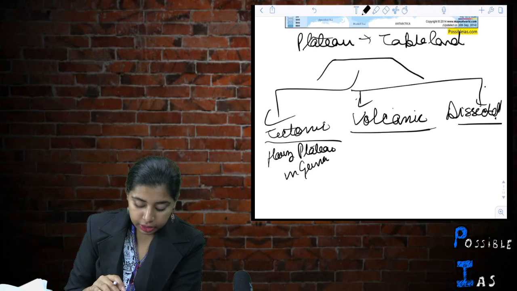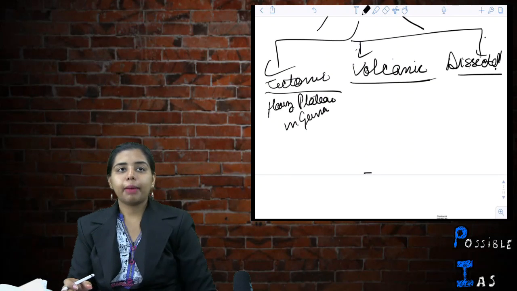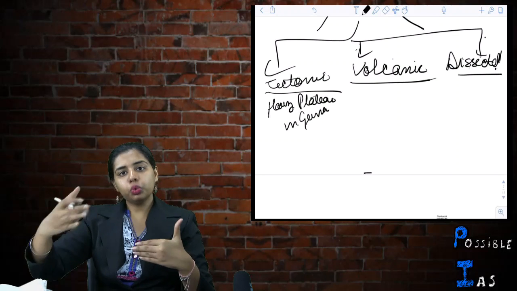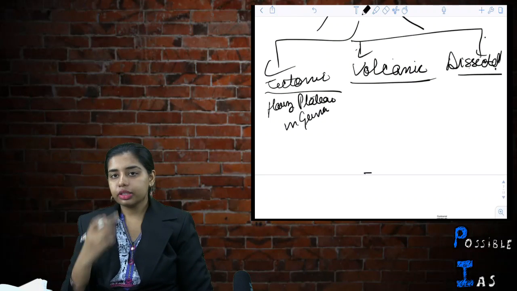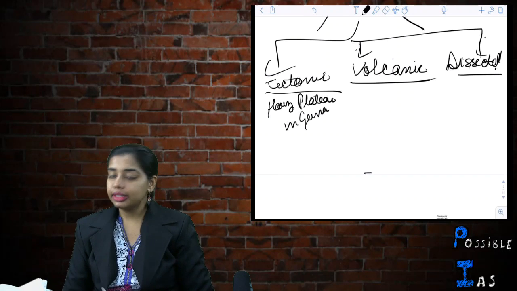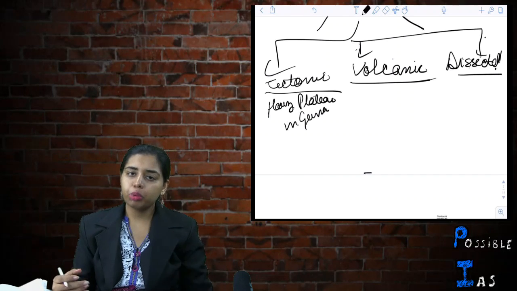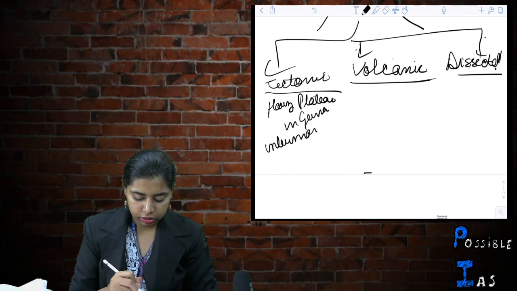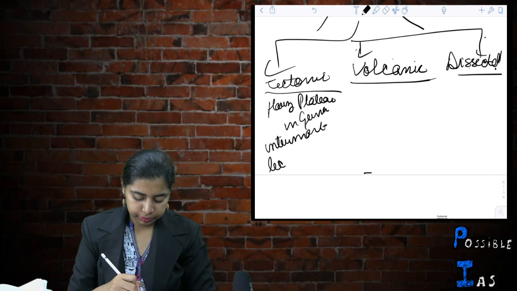Okay, so these tectonic plateaus, at times they can be surrounded by mountain ranges. The tectonic plateaus which are sandwiched between two mountain ridges are known as intermont tectonic plateaus.